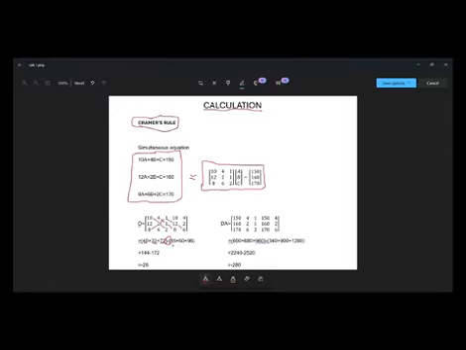We will multiply the same as the upper row. After we finish multiplying, we will solve and it will be 144 minus 172. So the determinant for this matrix is negative 28.